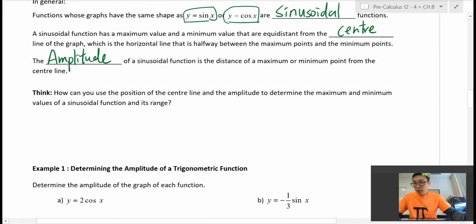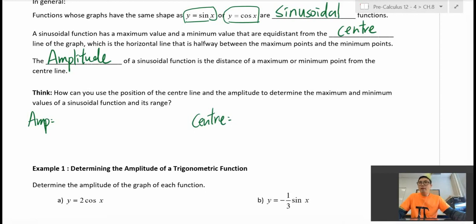Now here it says, how can you use the position of the center line and amplitude to determine the maximum and minimum values of the sinusoidal function and its range? I think it might be better if we first figure out amplitude and center line. The center line is basically the middle, and middle is found by finding the average.